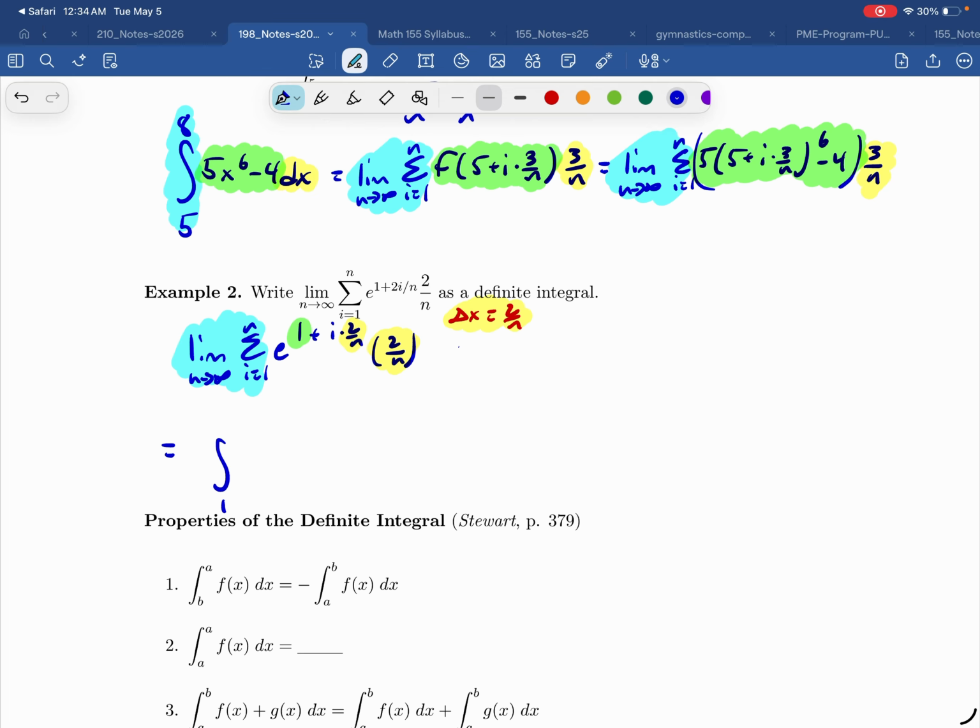If delta x is 2 over n, and delta x equals (b minus a) over n, then that implies that b equals 3. So we're integrating from 1 to 3 of, now what is this function? It's just going to be e to the x dx.